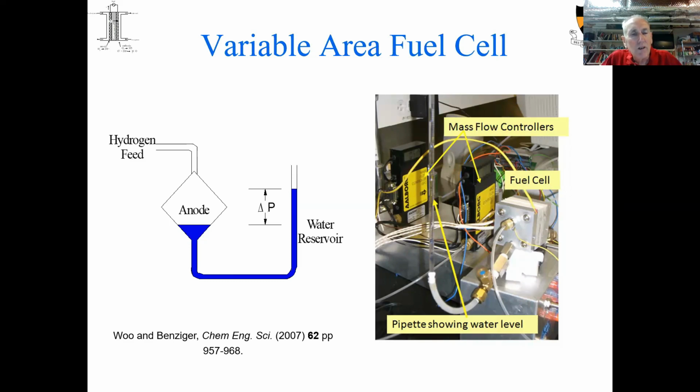So we have essentially increased the size of our fuel cell by increasing our flow rate. And if we decrease our flow rate, the water from the reservoir will flow back into the anode, reducing the area of the active fuel cell, which reduces the current that we get.